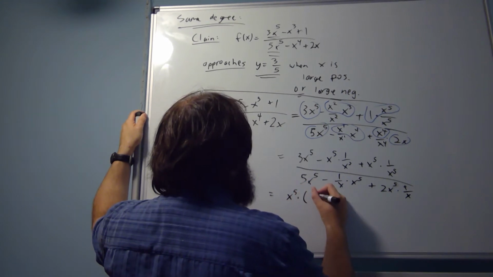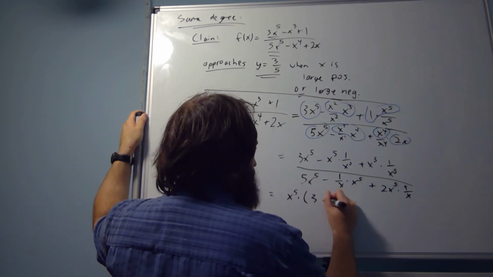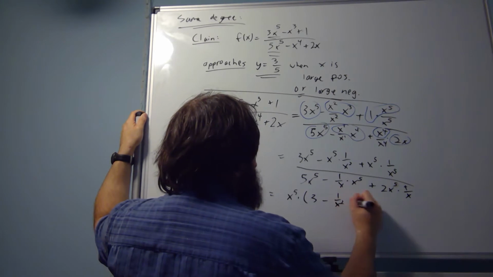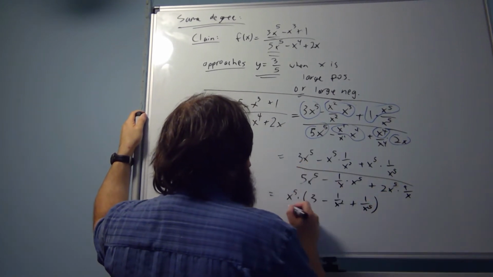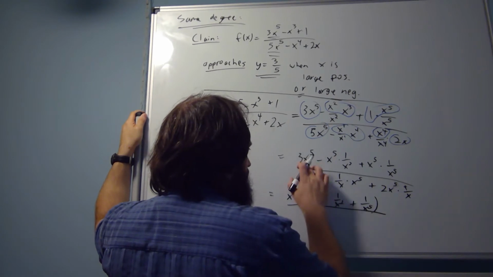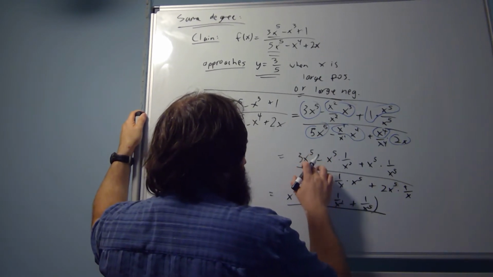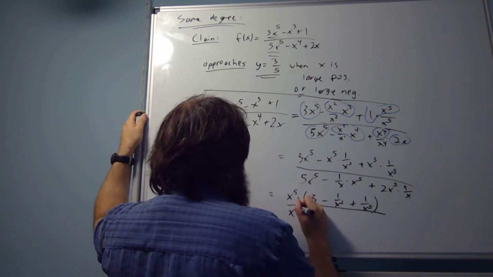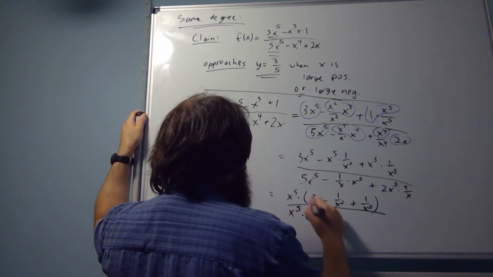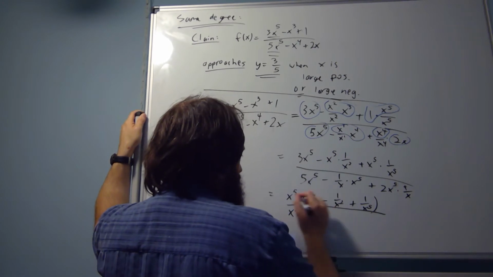So finally, if I factor out the thing that already had an x to the fifth, I didn't have to multiply and divide by anything. So this one you just get a 3 left over. Basically, the denominator has order of magnitude 5x to the fifth. The x to the fifth factors out.